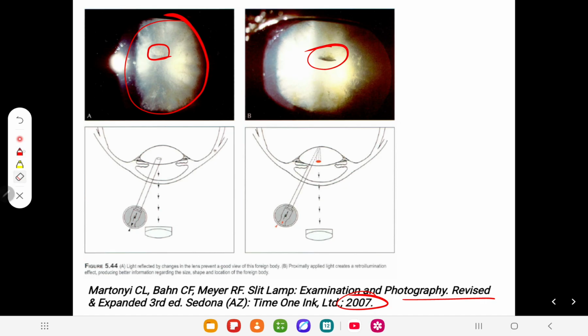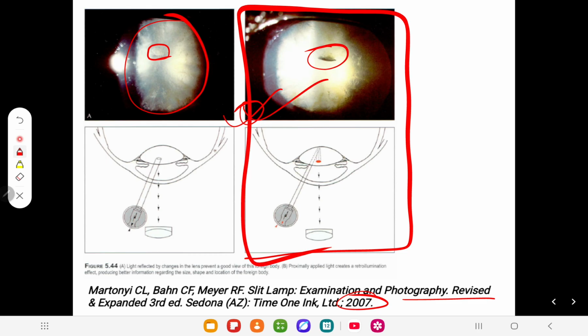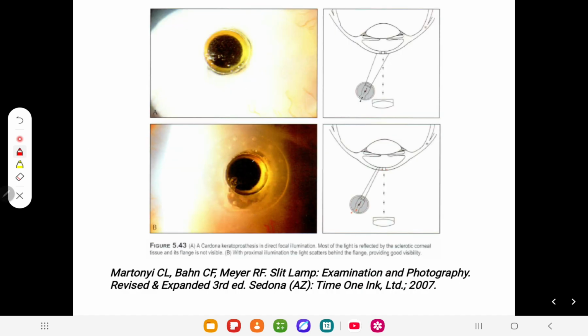The first picture is not exactly proximal retroillumination, but this B picture is proximal retroillumination. That's a clear distinction between the same structure seen in direct illumination and indirect illumination. Indirect illumination is way better and the things are clearly visible. It's actually a foreign body. Okay, so let's move forward.